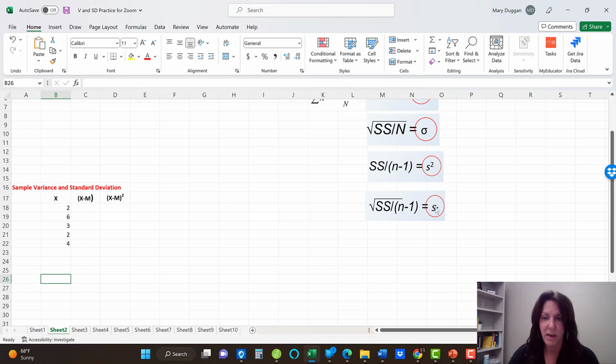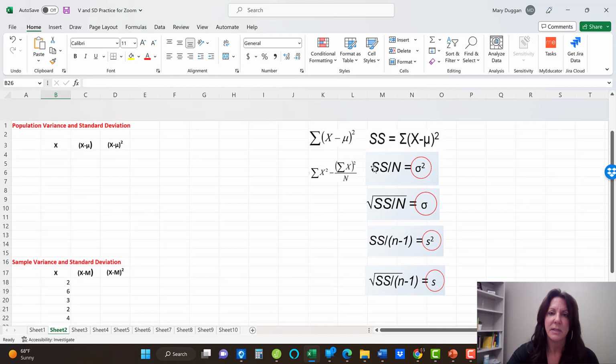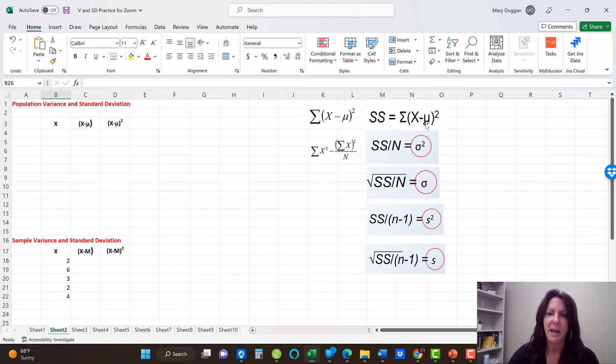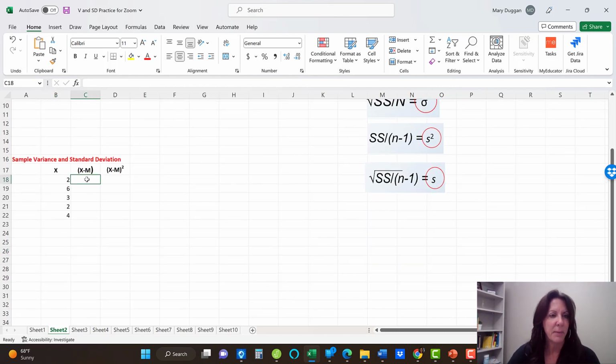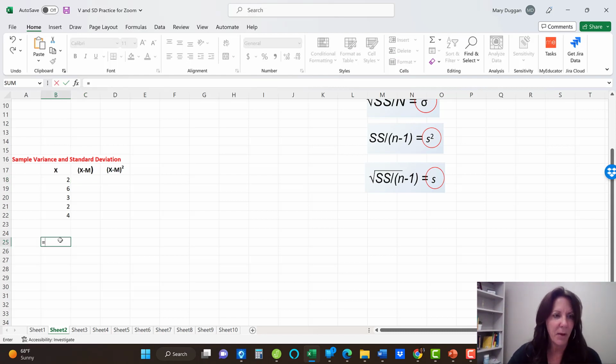I need the square root of that for the standard deviation, which means I need the sums of squares. My sums of squares, I take all the deviation scores, square them, and add them up. I can do that. So the first step, I have to find the mean because I don't know the mean. So I add up all these numbers, 8, 11, 15, is it 21? 4, 6? No, 17. What am I doing? 17?